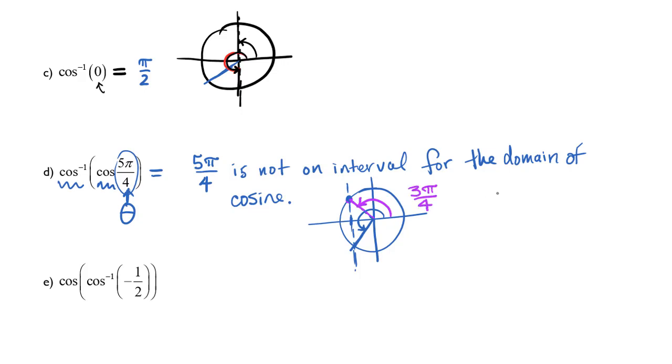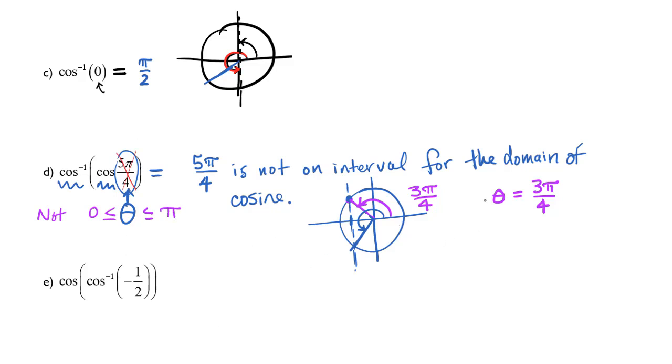So we can say that the angle that would work for an output in the domain would be 3 pi over 4. But this domain is not on the interval from 0 to pi.